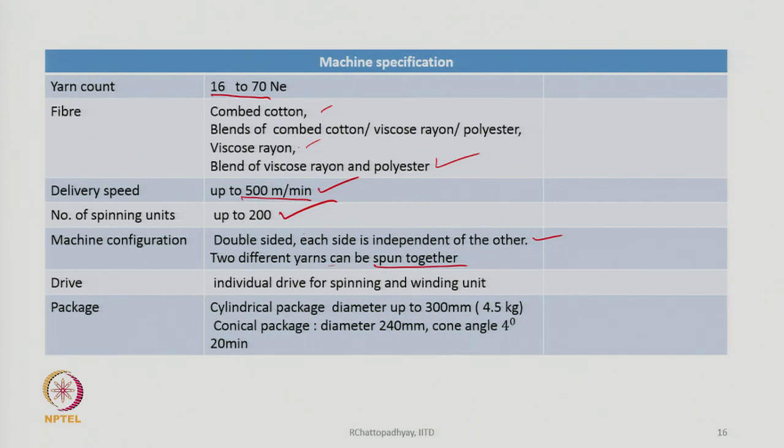So, two sides are independent of each other, and therefore two yarns can be spun simultaneously. Drive is individual drive for spinning and winding units. Package is a cylindrical package, diameter up to 300 millimeter or 4.5 kg. Big cheeses can be formed, or conical packages also can be formed, which can directly go to knitting.